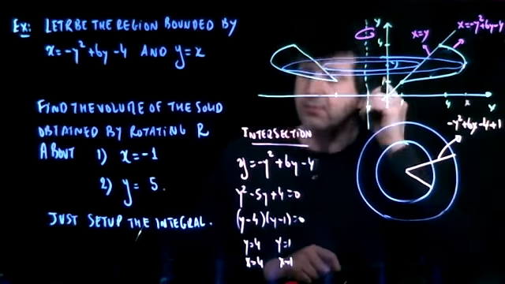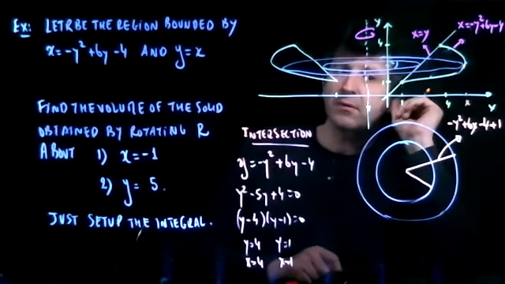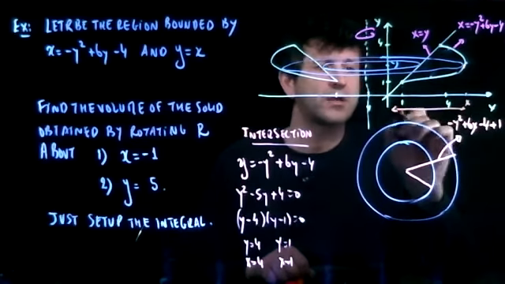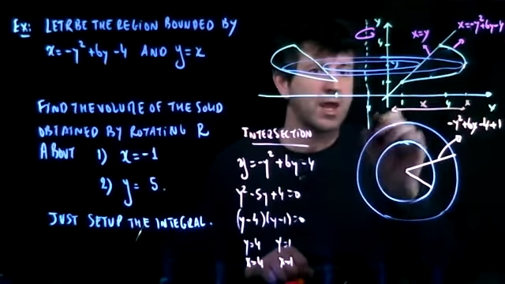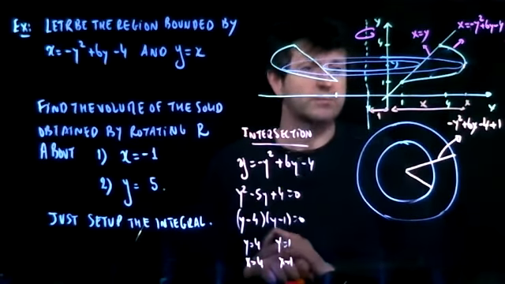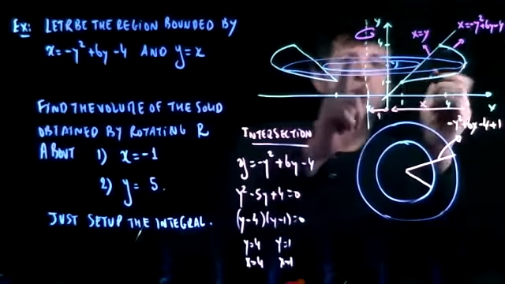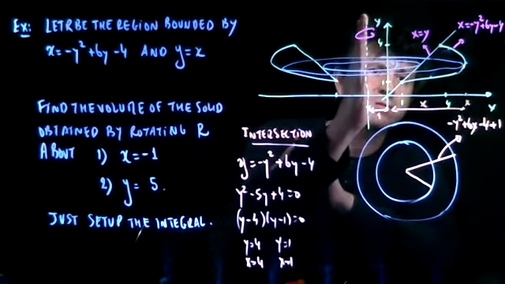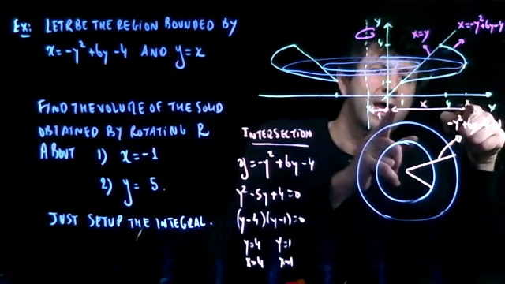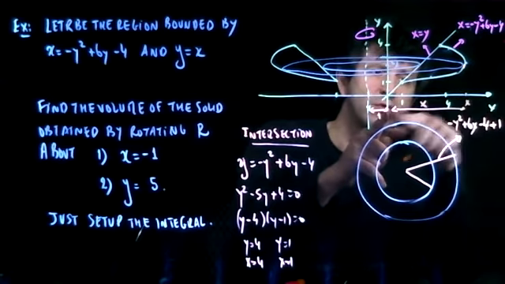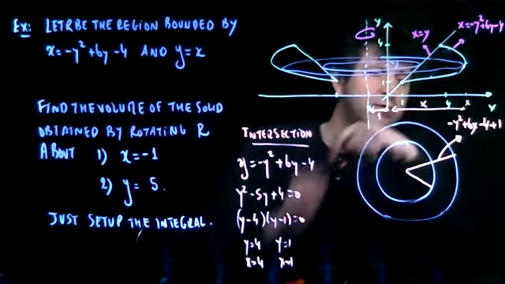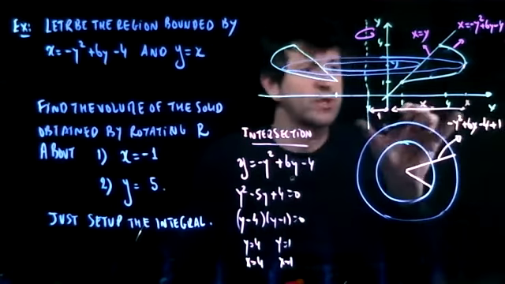Could you explain why there's +1, please? Yeah, because this until here is x, and this is 1. It's always the distance between x and the axis of rotation. X is from 0 to x, and then from -1 to 0, you have 1 there. That's why you have to add 1 to the radius.